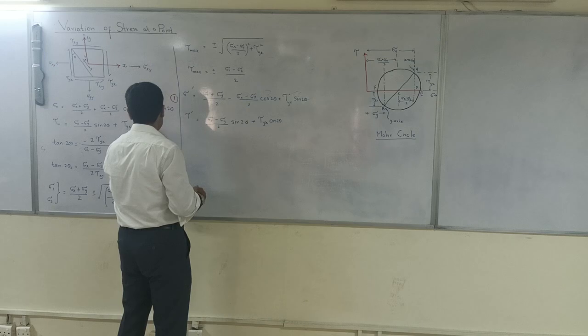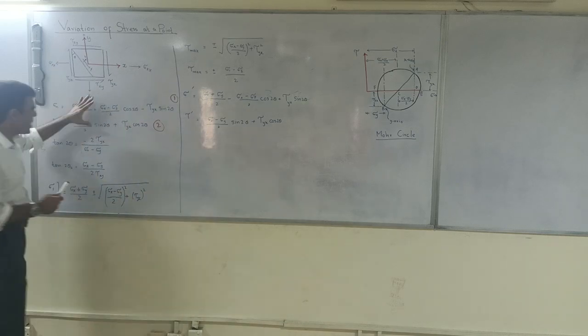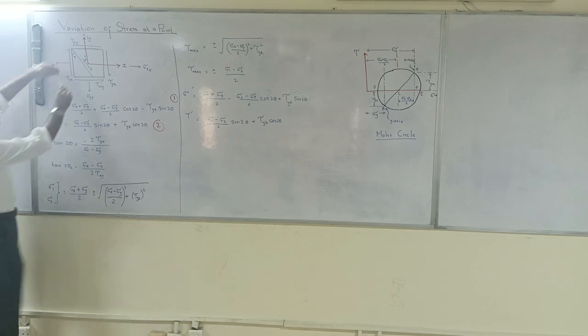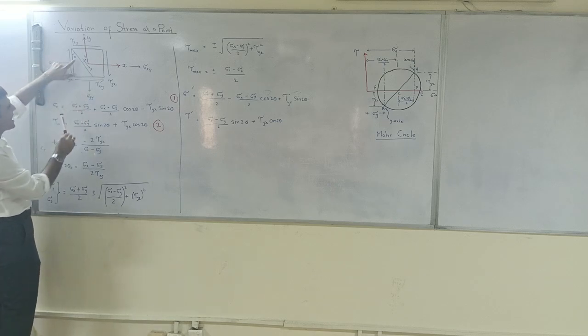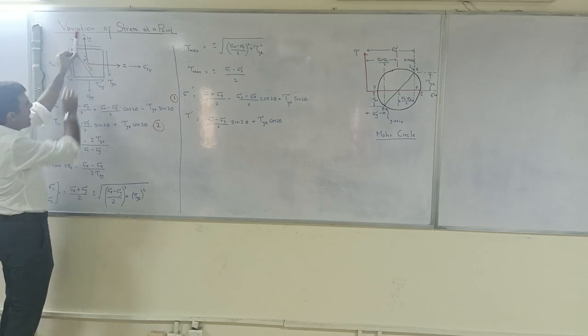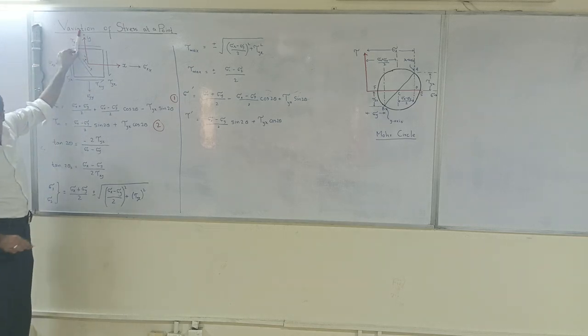and equation 2. Now once we have these two equations, what we can do is we can maximize. Now this is just a general equation of a stress, so of a stress at a particular inclination. So you can have this theta varying in any direction.